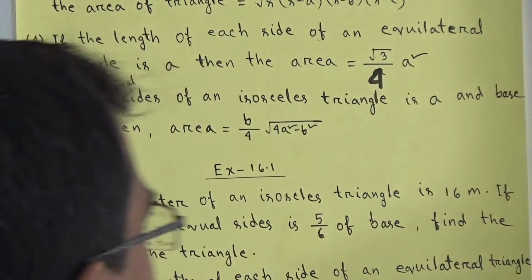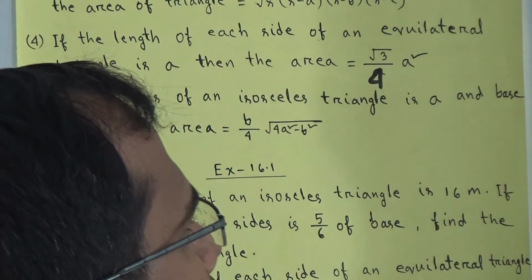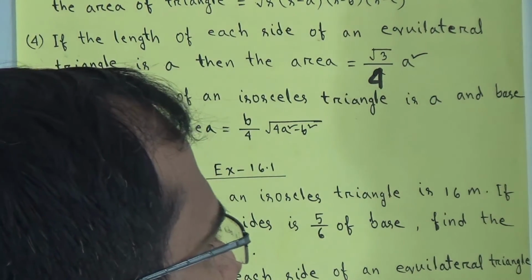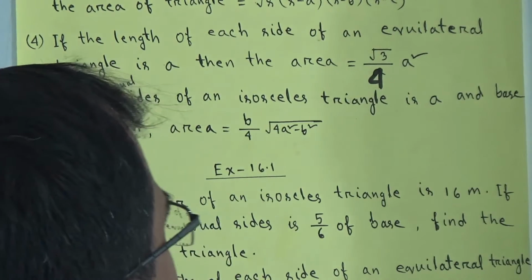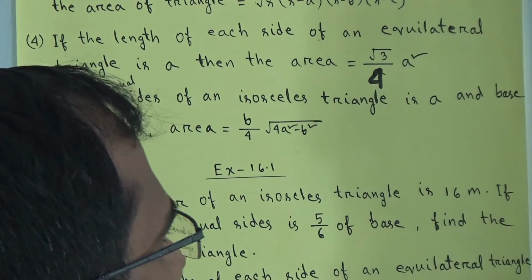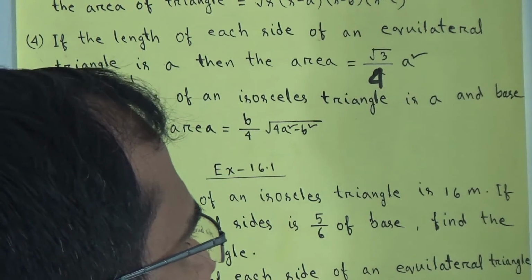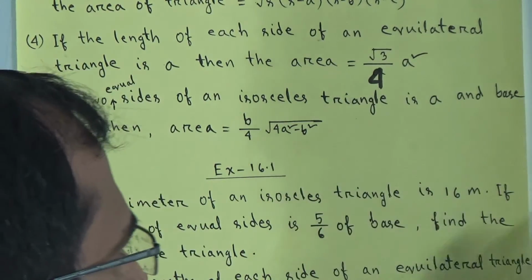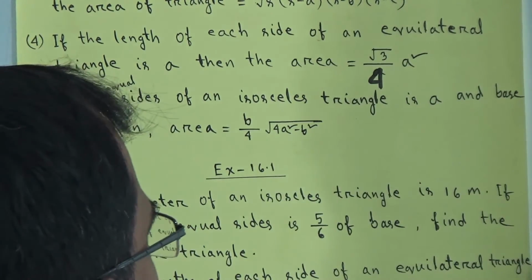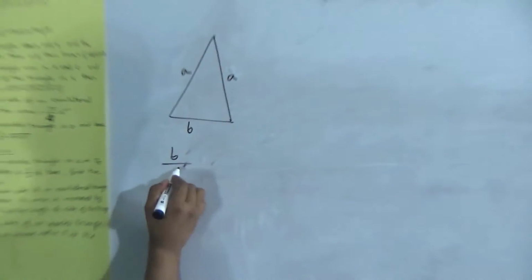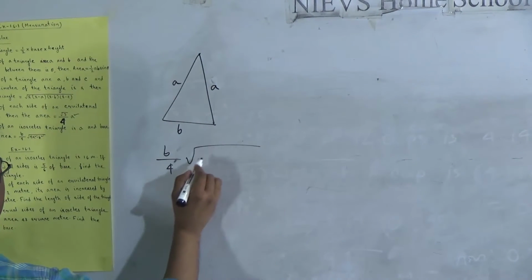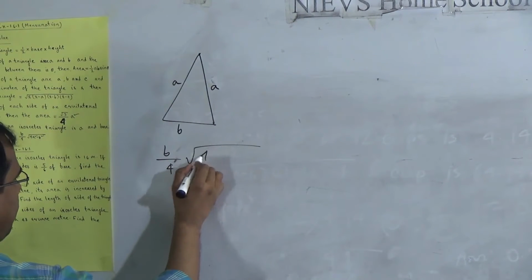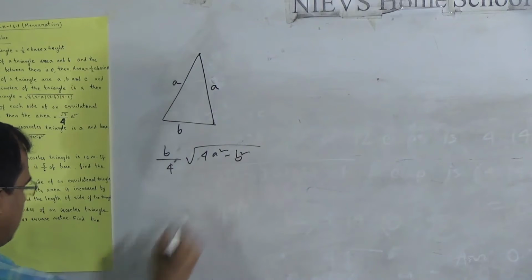Suppose this is an isosceles triangle. These two sides length is A and base is B. Then the area of this triangle will be B by 4 root over 4A square minus B square.